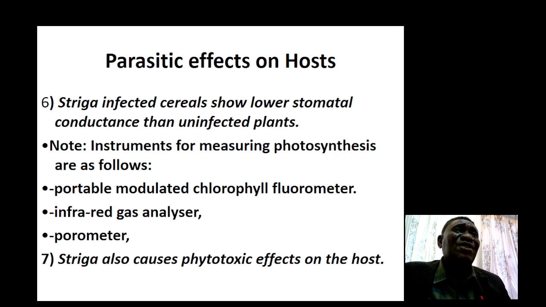Now, that closure will affect conductance. Where you don't have striga, the stomata will be open. So the presence of striga causes a closure of the stomata.